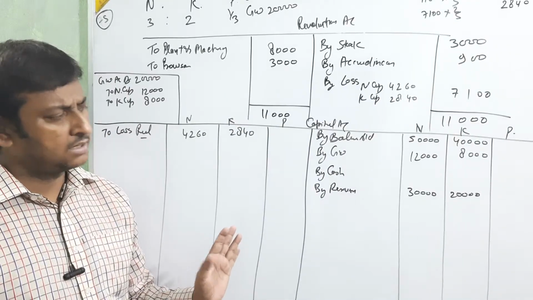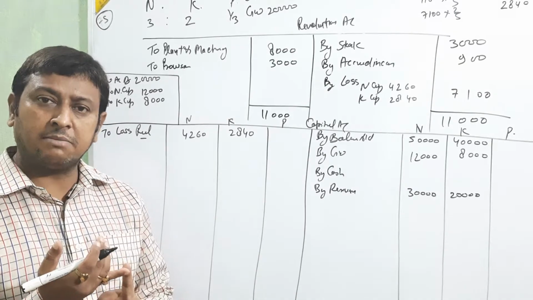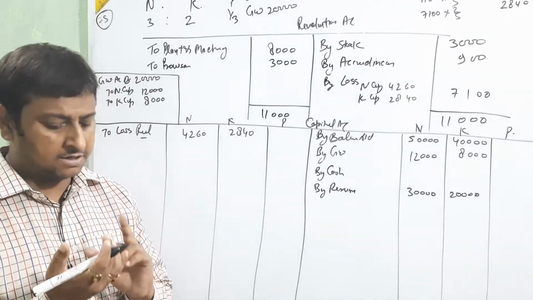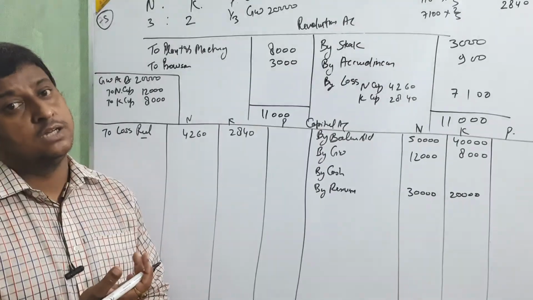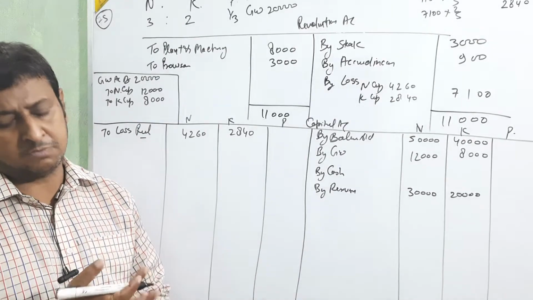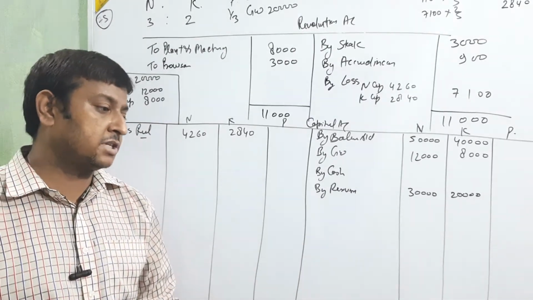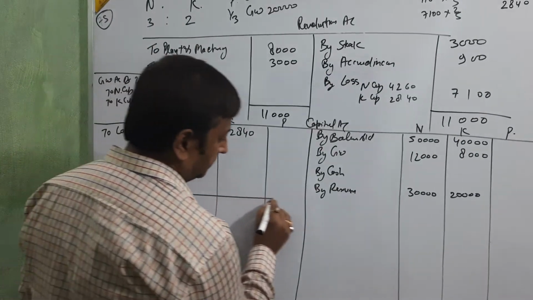Cash and bank, nothing. Only what we are going to distribute, beta? Goodwill, any reserve, any other fund, but ignore the provident fund. Investment fluctuation fund, workman compensation fund, profit and loss. Is any profit and loss given? No.